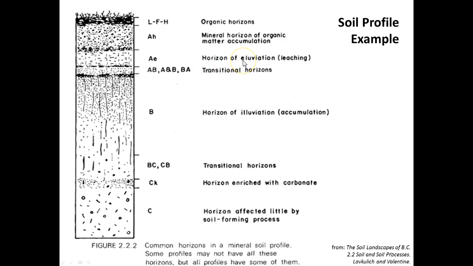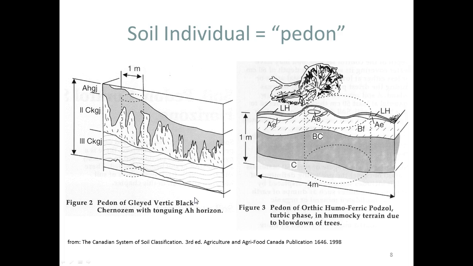The Ae is a layer where there's some eluviation that's occurring, in other words, loss of clays. Then there seems to be a little bit of a transition zone here, and then we get into a B horizon where there has been illuviation, so an accumulation of these clays from the A horizon. Recall, clays are the finest particles, so they tend to move through the soil profile. So have a look at this on your own time, and just get familiar with the different horizons.